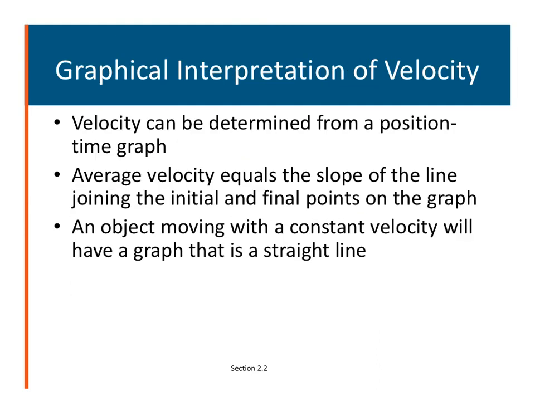As I mentioned earlier, we can pull a lot of information off of position versus time graphs, and velocity is one of those. So if we have a position versus time graph, we can take velocity from that graph, and the average velocity is the slope of the line joining the initial and final points on the graph. And an object moving with a constant velocity will have a graph that is linear.